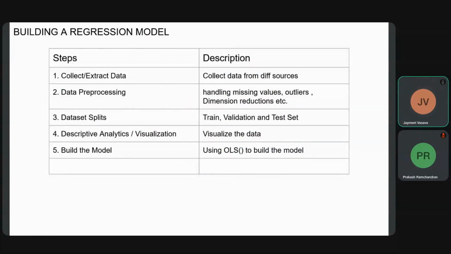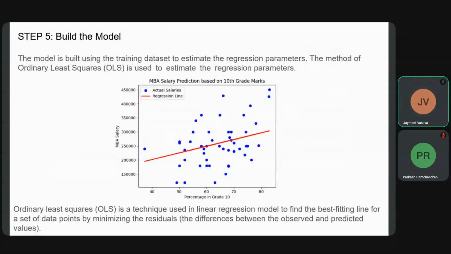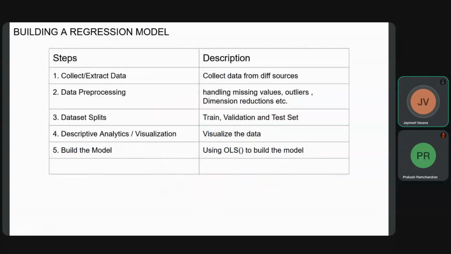We have built the model using the data set and seen what the regression line tells us about the data we are working on. We'll be using OLS, or ordinary least squares, to build the model.